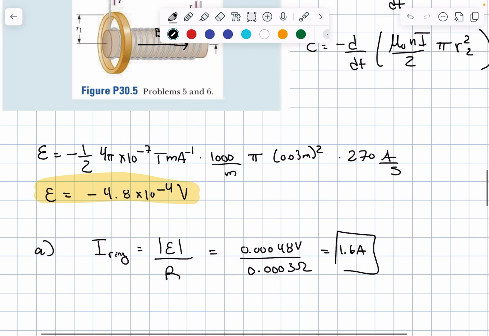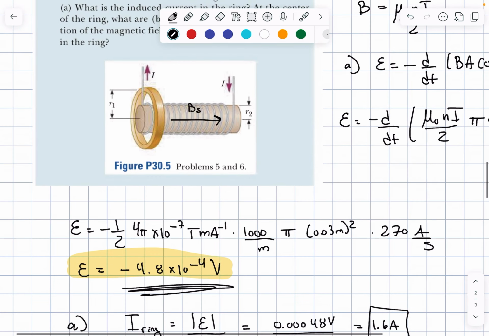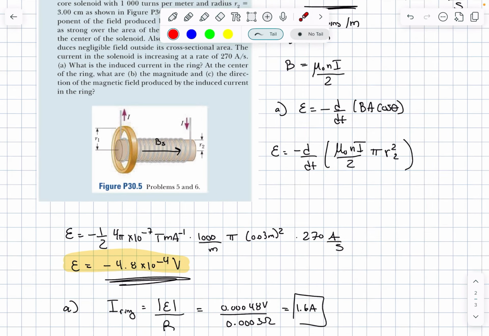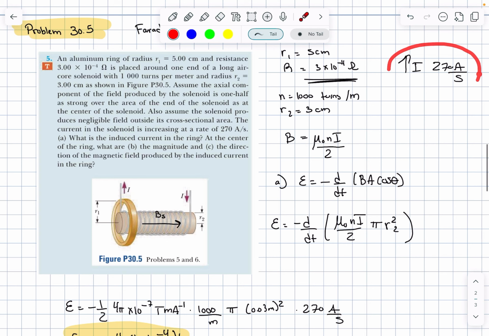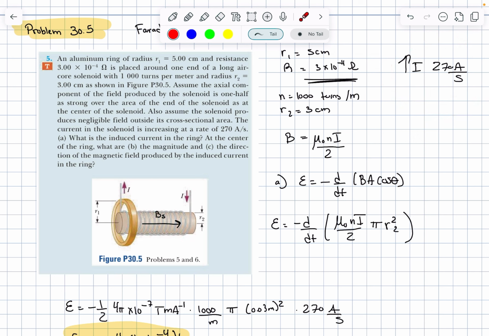So the idea is here, this has a negative sign here, and we know that if I have a current that is increasing, which means that every second, this magnetic field here is also increasing.